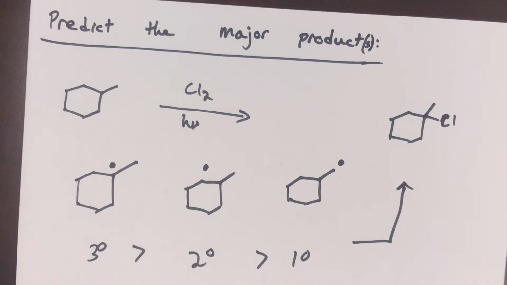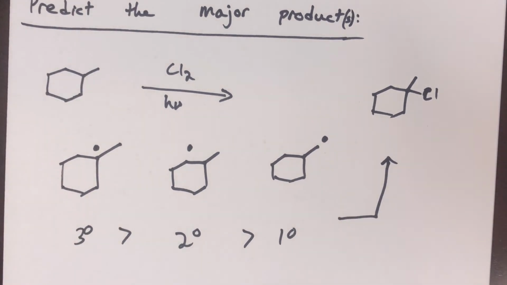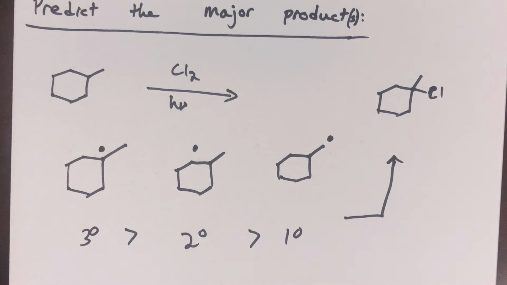Fluorine is extremely reactive and unsafe, so it's usually not used in chemical reactions, but chlorine and bromine do this the best, and they're the safest options to accomplish this, so you'll see chlorine and bromine. There are slight differences between the halogenation process in bromination and chlorination, and we'll explain that in a different video, but you can do this type of chemistry with chlorine or bromine.